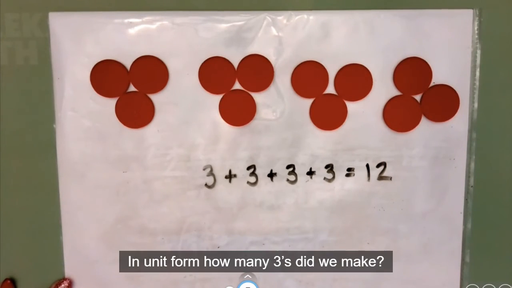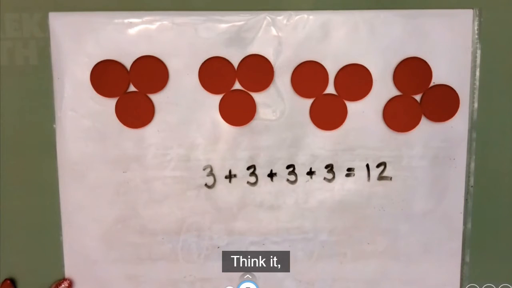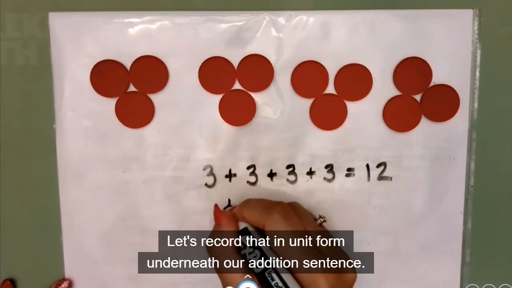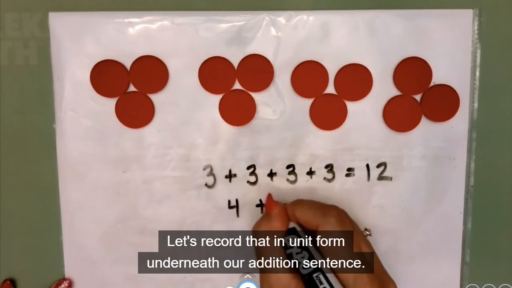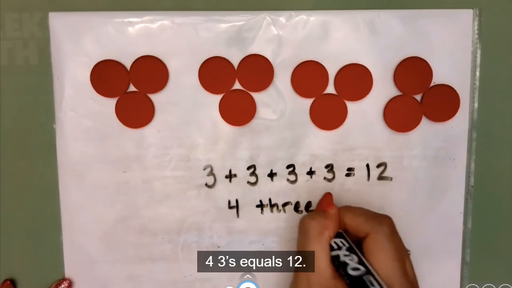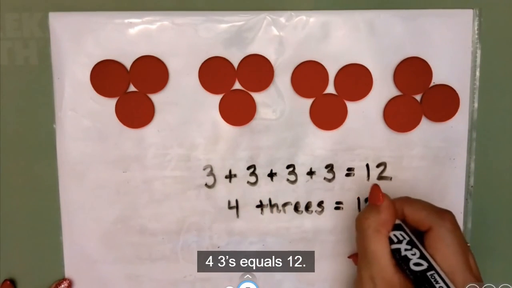In unit form, how many 3s did we make? Think it. Say it. 4 3s. Let's record that in unit form underneath our addition sentence. 4 3s equals 12.